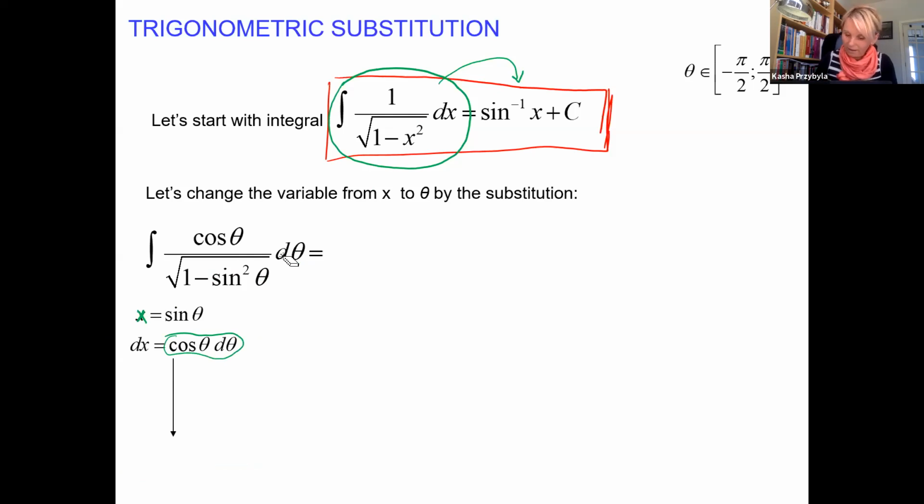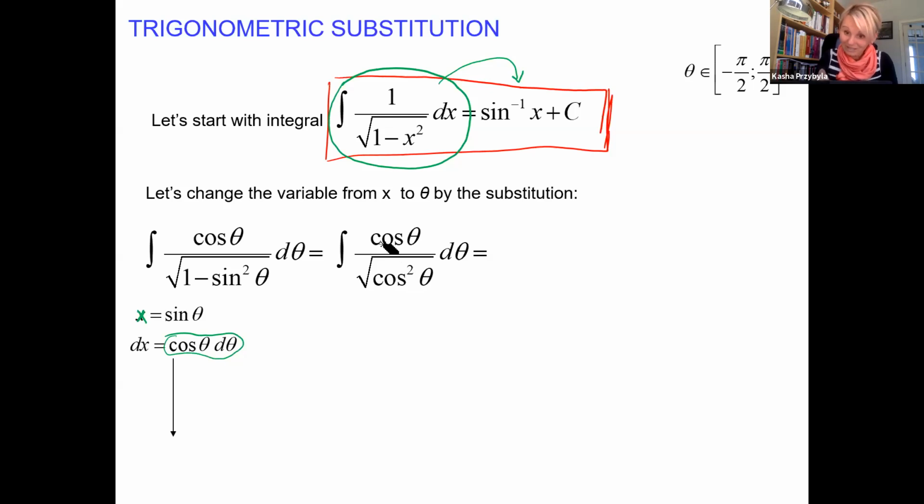Now let's look at what we have. As I said, it looks like we're complicating things, but let's see. 1 minus sine squared theta can be rewritten as cosine squared theta. And now, do you think I can simplify the square root and the squared expression?